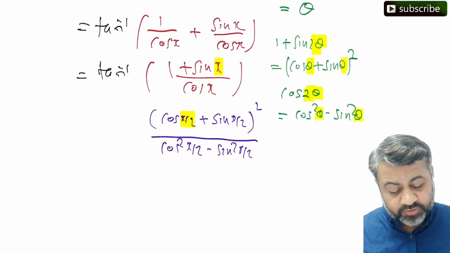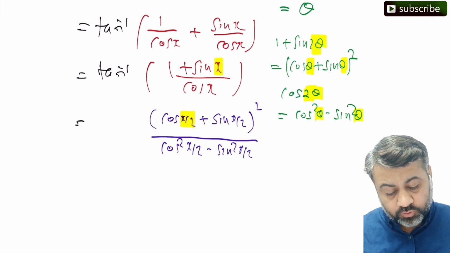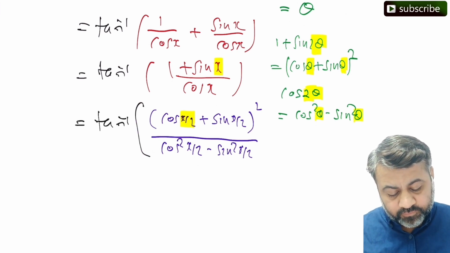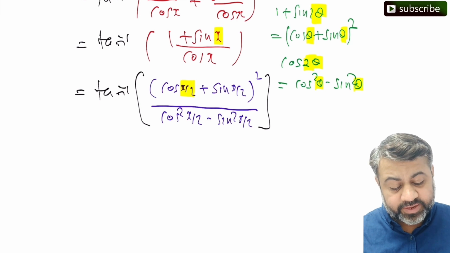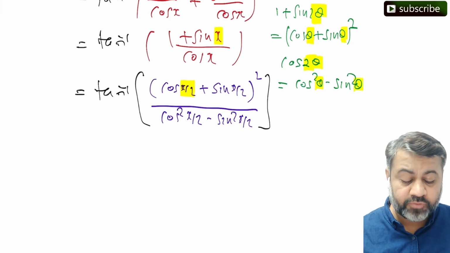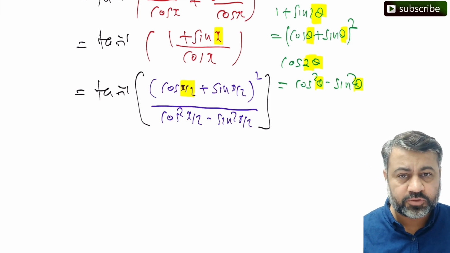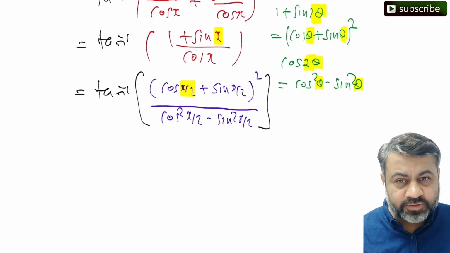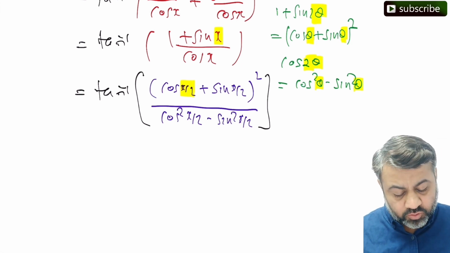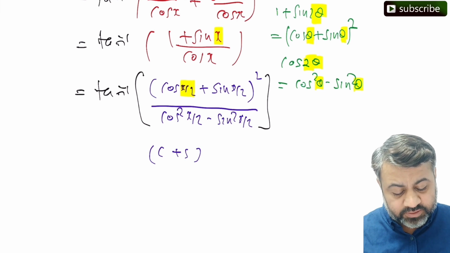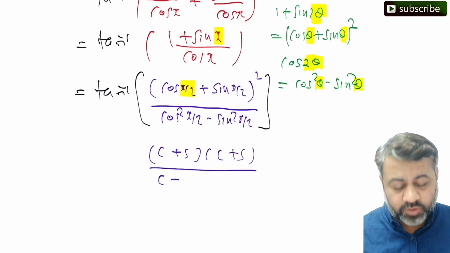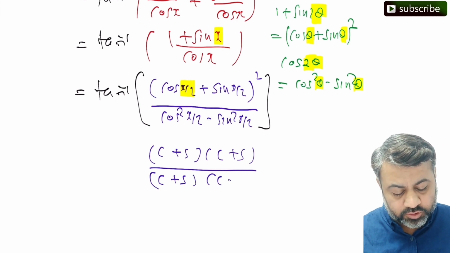Okay. Now we just have to simplify this a little bit. So what we get here is tan inverse, with cos x by 2 plus sin x by 2 the whole square in the numerator, and in the denominator we have cos square x by 2 minus sin square x by 2. Simplify this. How will we simplify this? In the numerator I can write cos plus sin into cos plus sin, and in the denominator, a square minus b square, I can write as cos plus sin, cos minus sin.